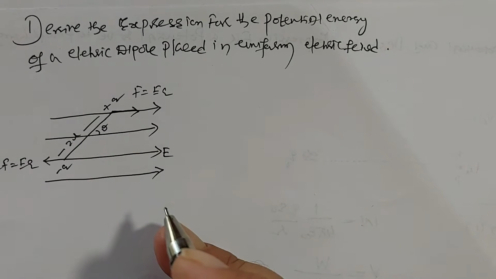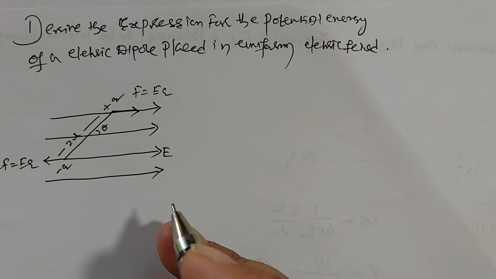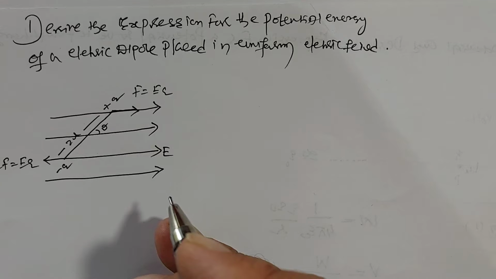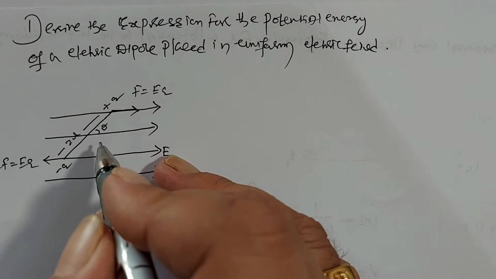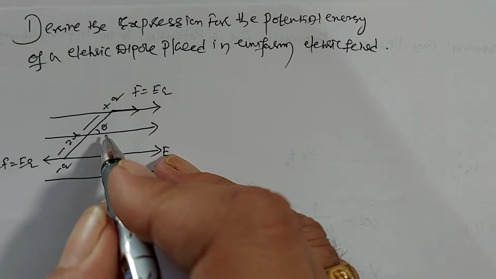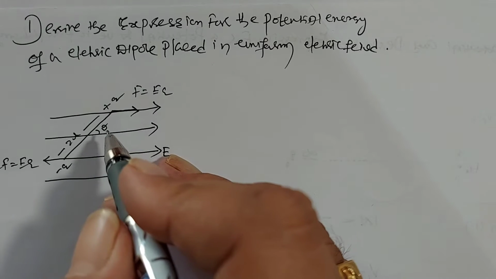Now we want to find out the torque acting on this dipole. Now rotate this dipole through a small angle d theta.